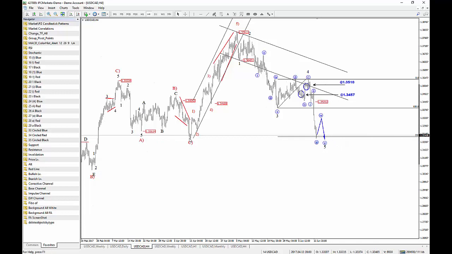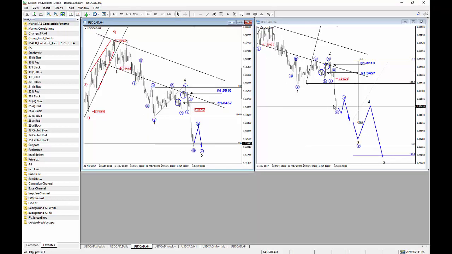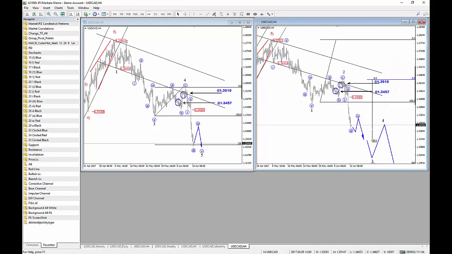We are, however, for now at some supports here, but I think that any bounce should be only wave 4 within wave 5, or maybe even wave 4 within this wave 3, because this current leg is very strong to the downside. I definitely must consider potential scenario that we are in wave 3 of a larger degree and not wave 5.